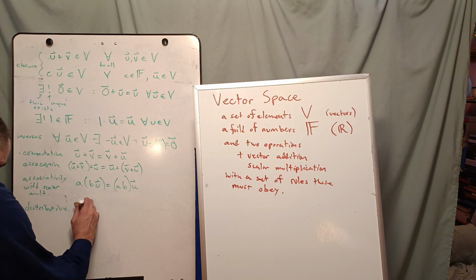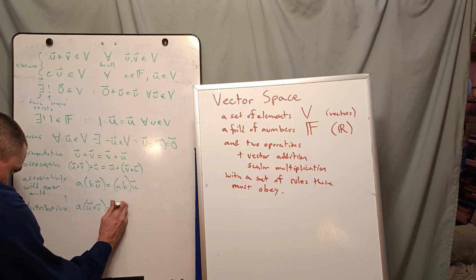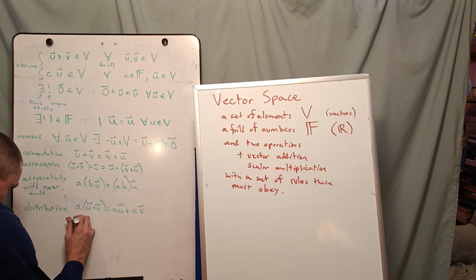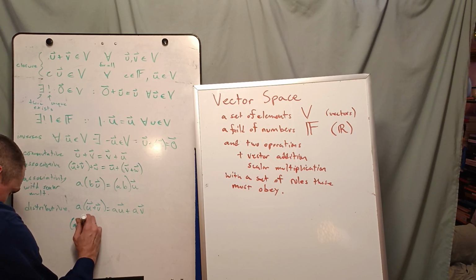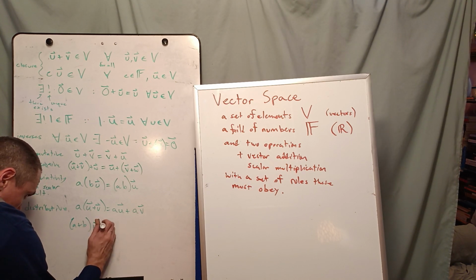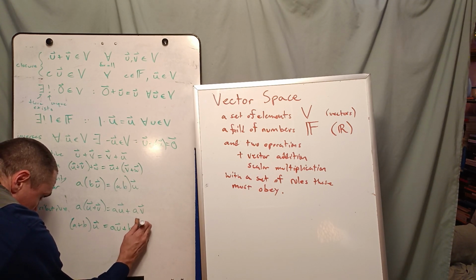If I have A times u plus v, this has to be Au plus Av. And if I have A plus B times u, this has got to be equal to Au plus Bu.